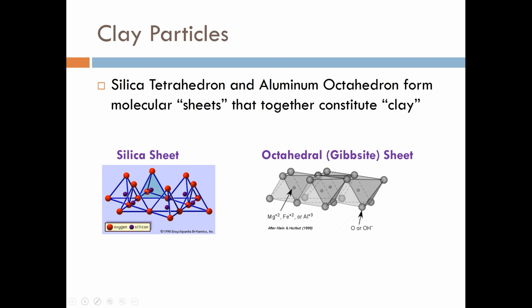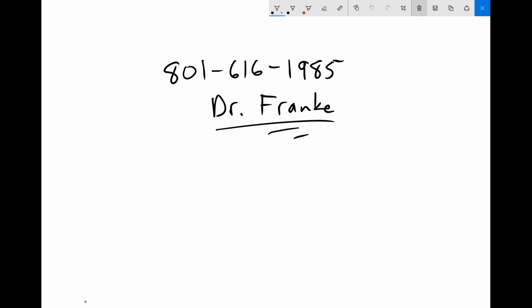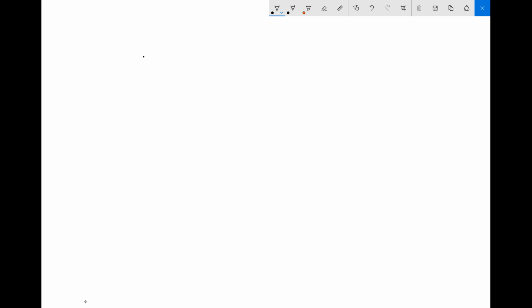So for instance, I'm going to go to the whiteboard now for a minute. Imagine now if I draw a box, and that box represents what I'm going to call gibbsite. This is another name for an aluminum octahedral sheet. And then I use this shape here, this tetrahedron, to represent the silica sheet.